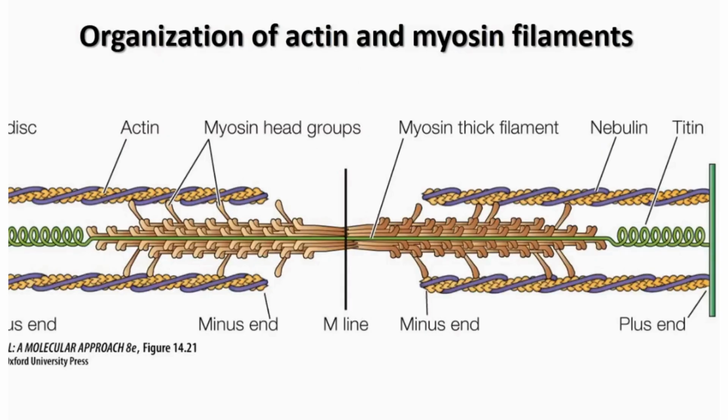This concludes, along with animation, the entire process of myosin and actin mediated muscle contraction. To summarize this segment, we have thin filament and thick filament, as well as myosin.